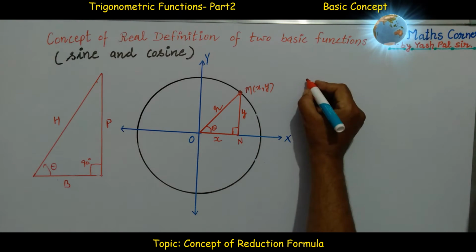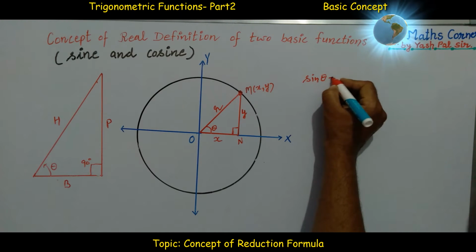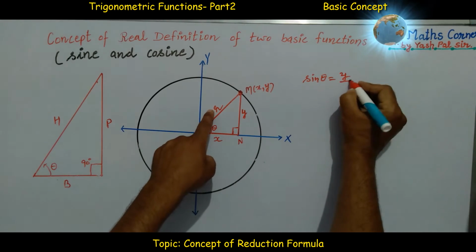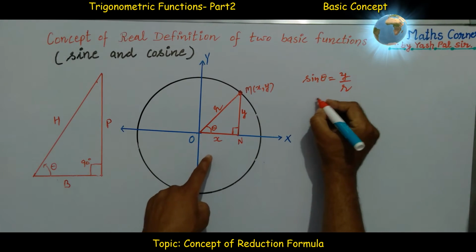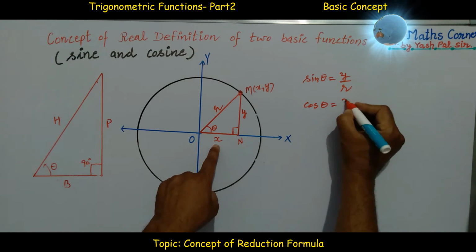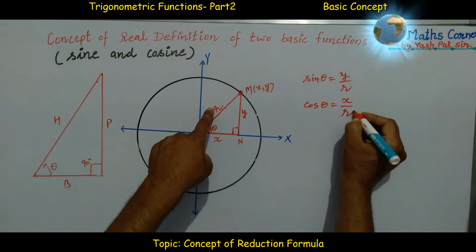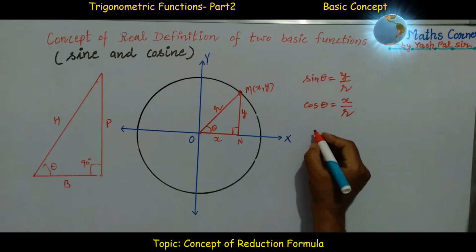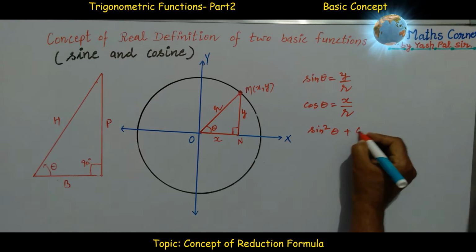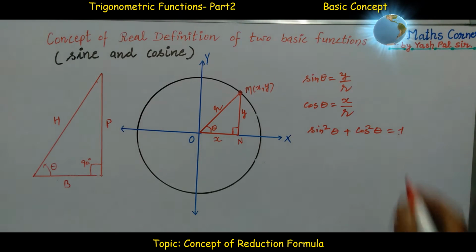So value of h is r, base is x, and perpendicular is y. So sine theta is equal to p upon h, y upon r, and cos theta is equal to base, which is x, upon hypotenuse, which is r. Again, sine square theta plus cos square theta is equal to 1.